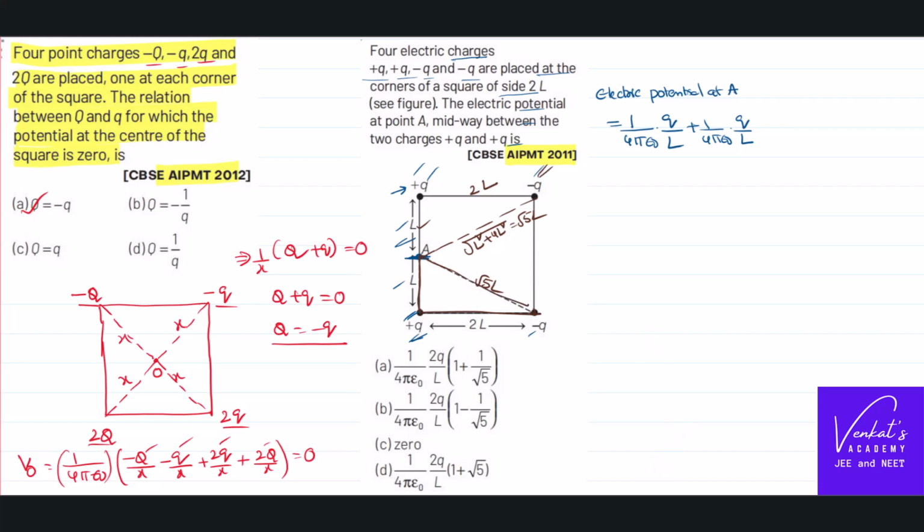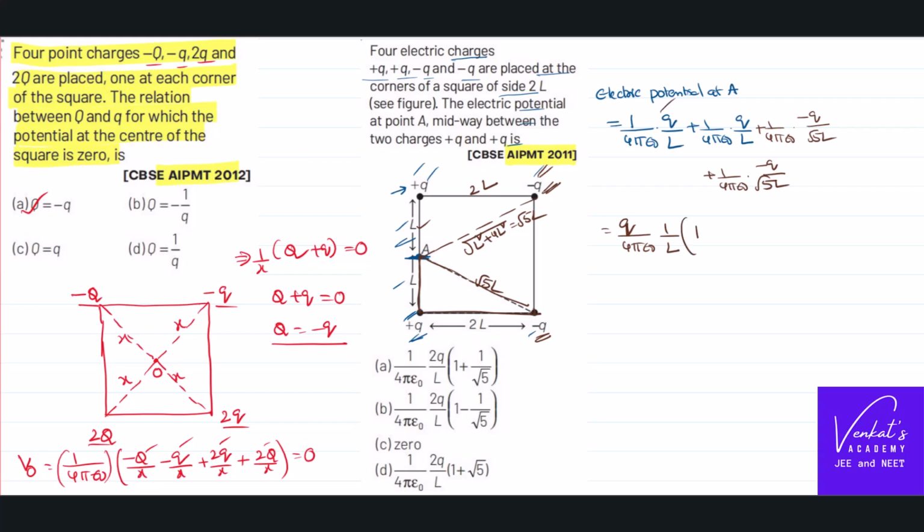So for this minus Q, the potential is plus 1 by 4 pi epsilon naught, minus Q, because that charge is minus Q in the problem. Due to the other one also the same, plus 1 by 4 pi epsilon naught, minus Q by root 5 L. What is all this together? So 1 by 4 pi epsilon naught is common, Q is also common, and in the denominator L is also common in all of the terms.